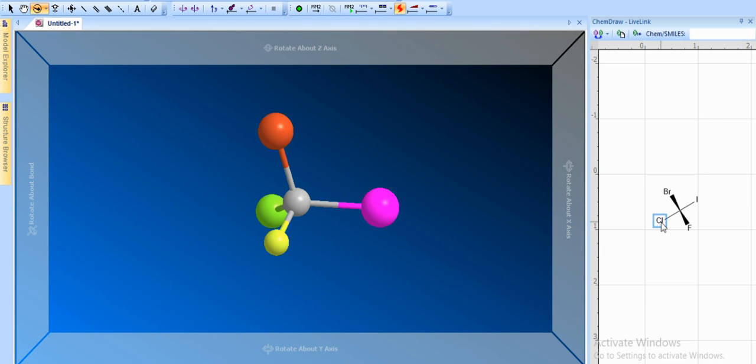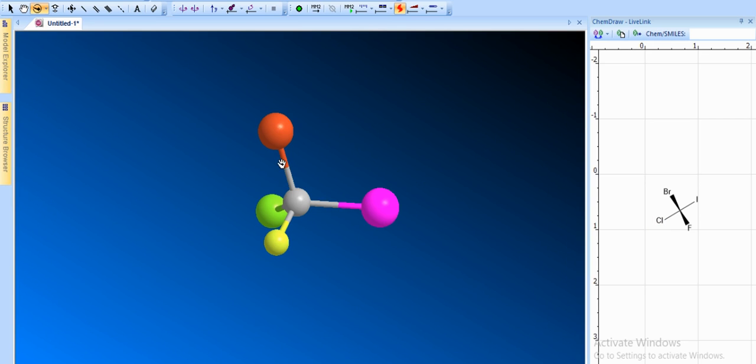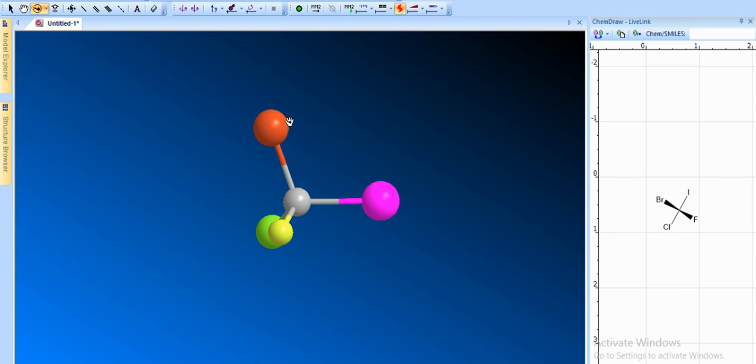So in a 3D structure or structure in space, if you look, you will understand the meaning of away from the viewer and towards the viewer. If you observe this structure, you will find that these two, this red one and pink one, are in one plane.